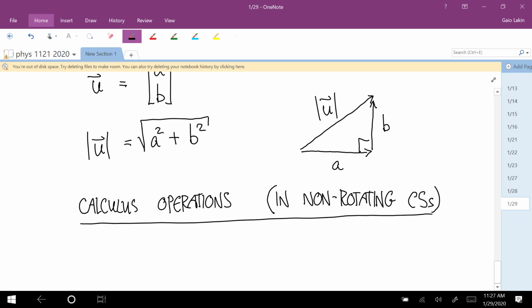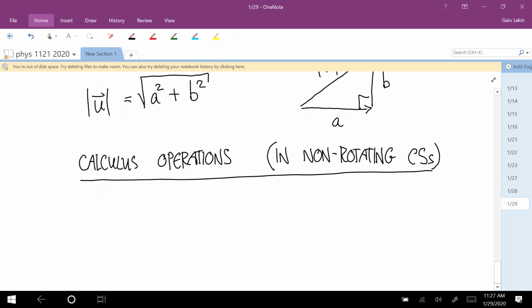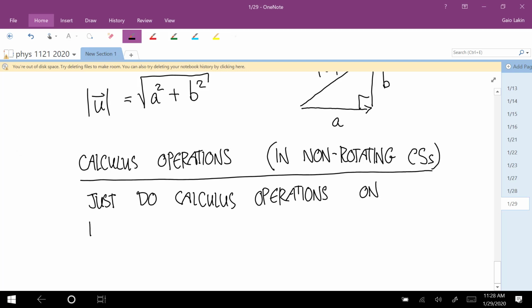So if your coordinate system is rotating over time, then it's more complicated to do time derivatives than what I'm going to show you. But we're not going to have to worry about that here. So the way you do that is just do the calculus operations on the individual components.